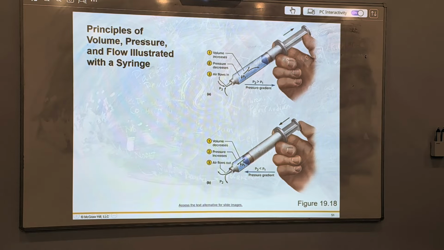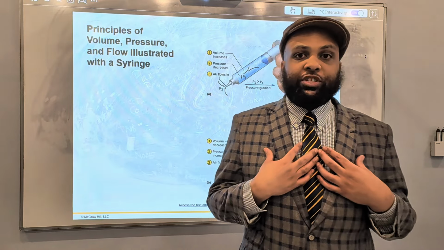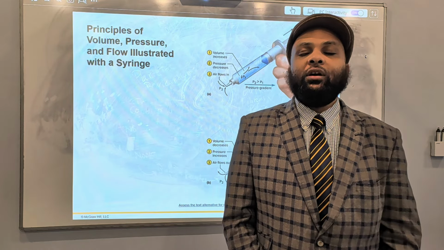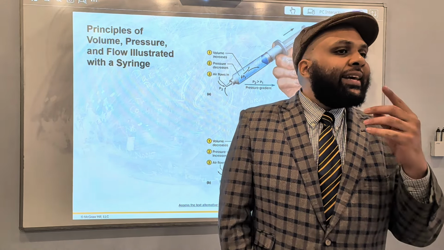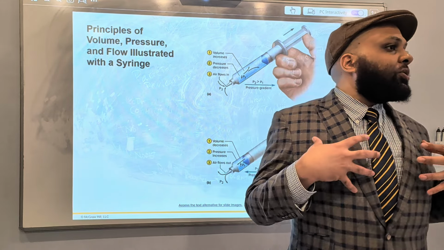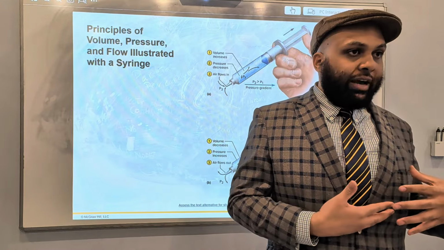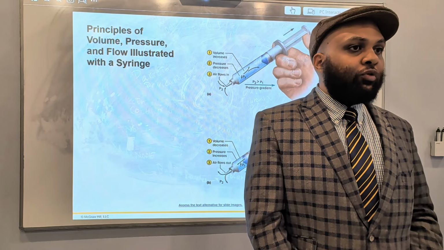So if you look here, there is a relationship between the pressure and the volume. You notice this with your respiratory system. When you take a deep breath, why did the air go in? It's because your thoracic cage increased. Your diaphragm contracted and moved down.